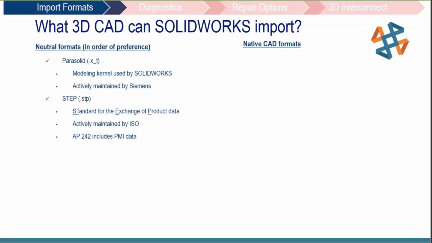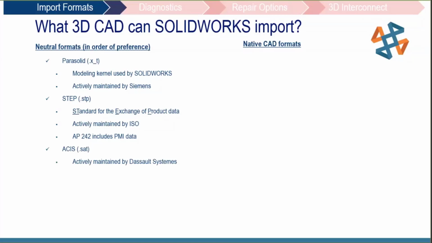So STEP file, that's another common one. There are different versions of STEP files, and this again is related to the fact that it's actively maintained. So you might see STEP 203, STEP 242. The higher the number, really the more recent it is. But STEP 242, for example, includes more than just model data. It actually includes almost like a layer where your 3D annotations and your manufacturing information can actually be translated with that file type.